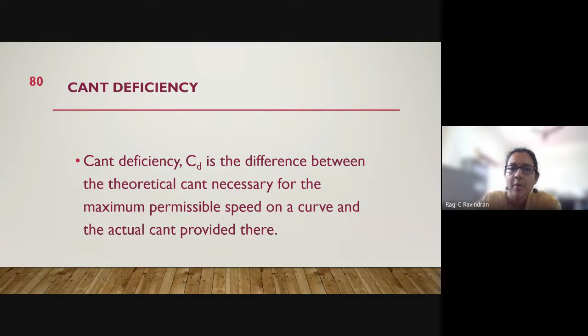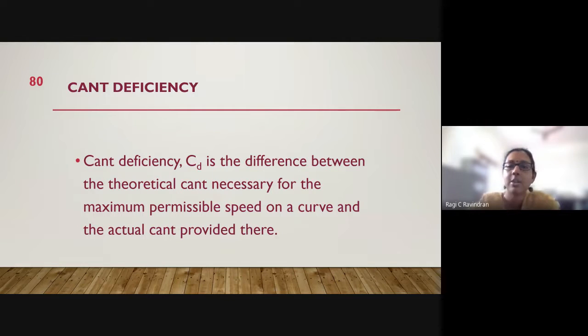In that case, the CANT practically provided will be slightly lesser than the theoretical CANT. The theoretical CANT is always provided based on the maximum permissible speed. Sometimes if we can't provide the theoretical CANT, we give the actual CANT, which is what we provide in the field on the railway track.